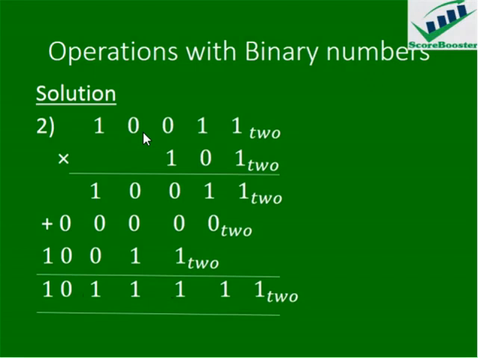So 10011 base 2 multiplied by 101 base 2 gives 1011111 base 2. You can check if your answer is correct.